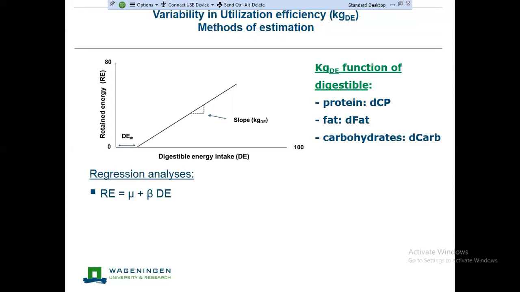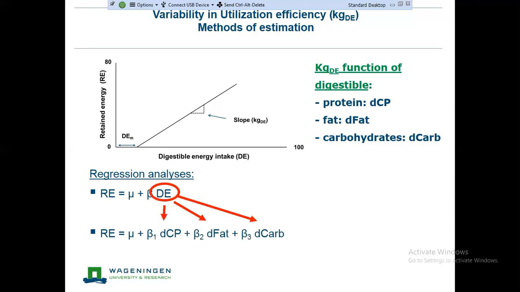Because of the variability in the utilization efficiency of the DE approach, we try to find a way to minimize this variation. In the diet, we have protein, fat, and carbohydrates.